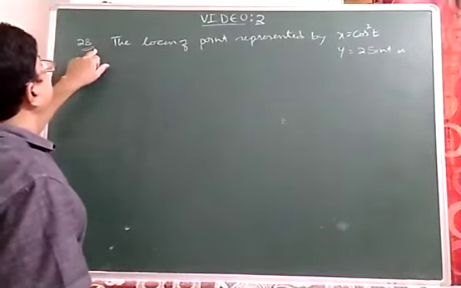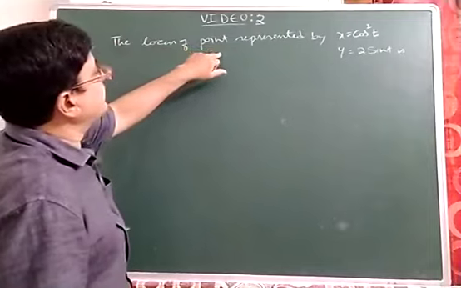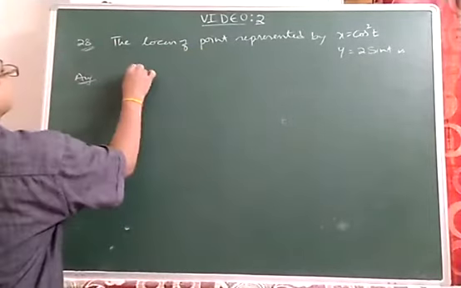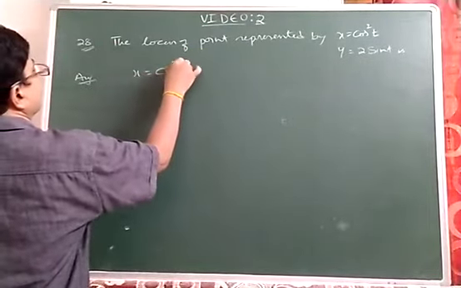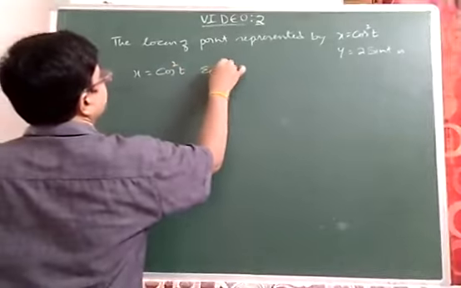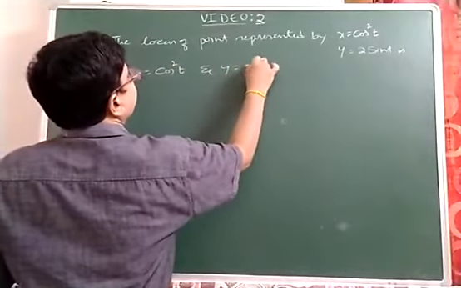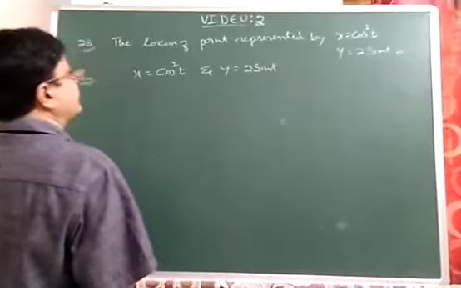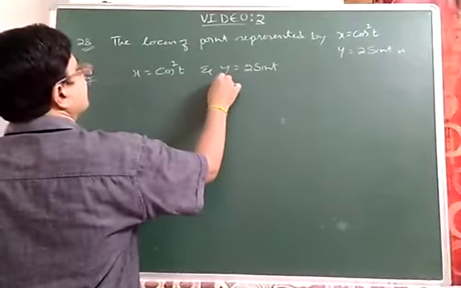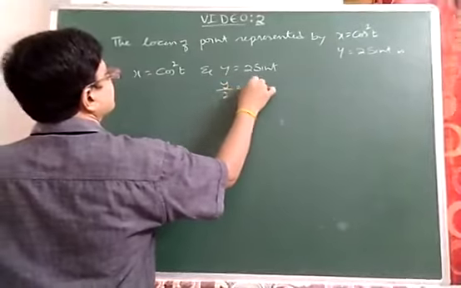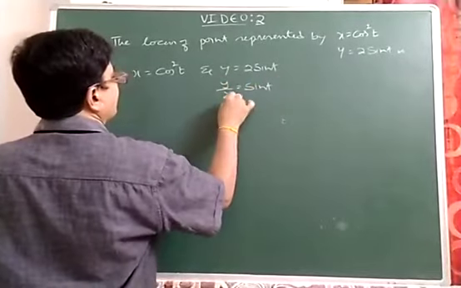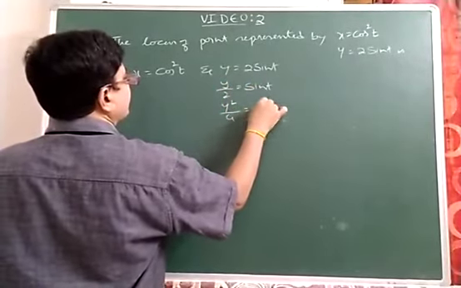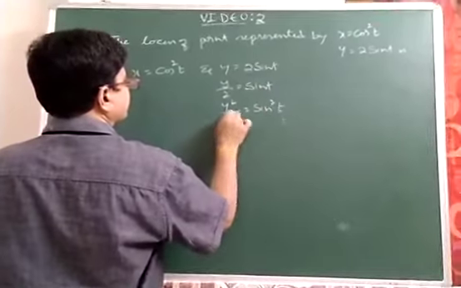Question number 28. The locus of the point represented by x is equal to cos square t and y is equal to 2 sin t is examined. So that means y by 2 is equal to sin t. Y square by 4 is equal to sin square t.